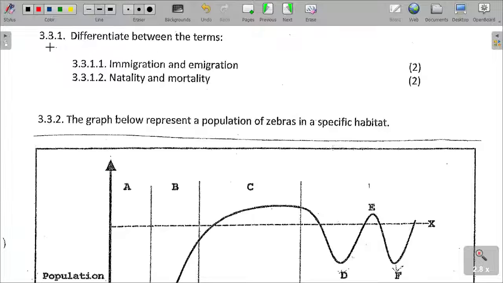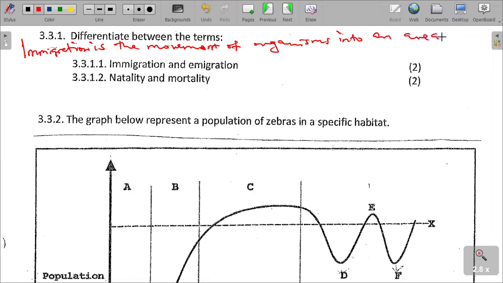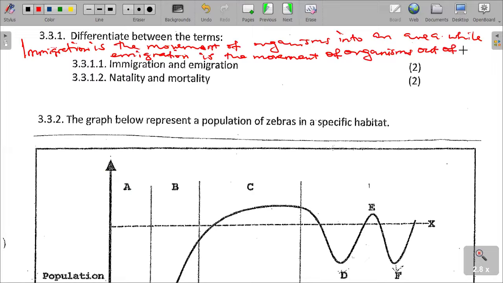So in other words, immigration is the movement of organisms into an area, while emigration is the movement of organisms out of an area.